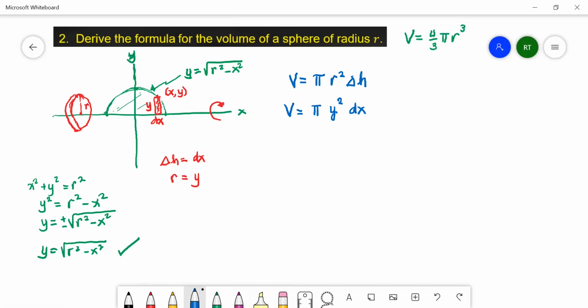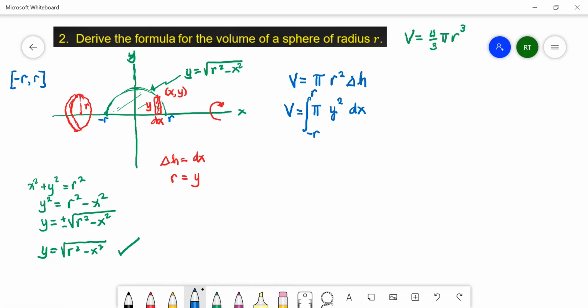And if we are going to evaluate the integral, the lower limit is negative r, and the upper limit is r, since we are considering the closed interval from minus r to positive r. Therefore, the lower limit of integration is negative r, and the upper limit of integration is r.